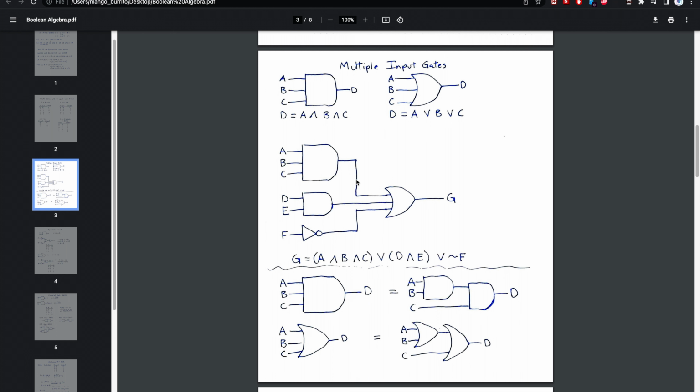So the output of this, or the output of this, or the output of this, and that's what G equals. We can see that written here: G equals A and B and C, or D and E, or not F.